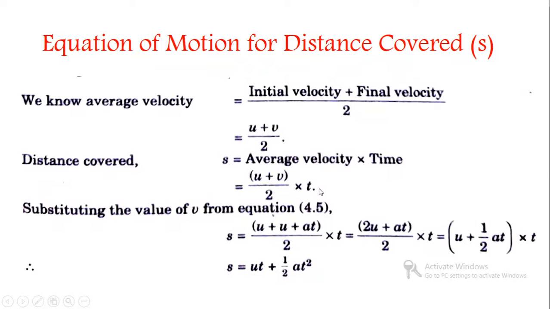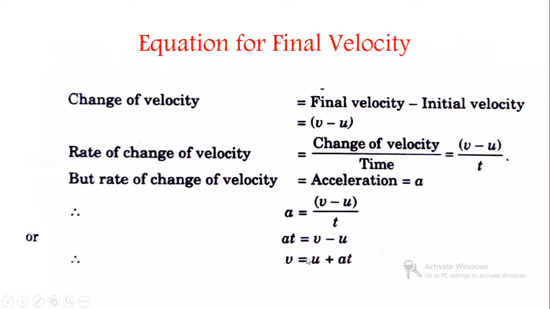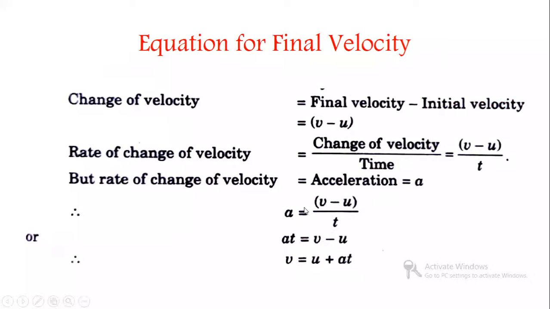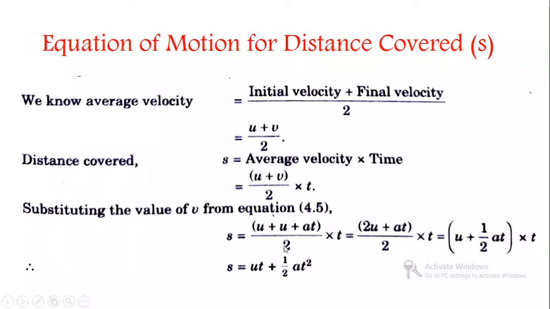Substitute the v value from equation 1 here. So s equals (u plus u plus at) divided by 2, into t. Resolve this equation: u plus u is 2u, so (2u plus at) divided by 2, into t.